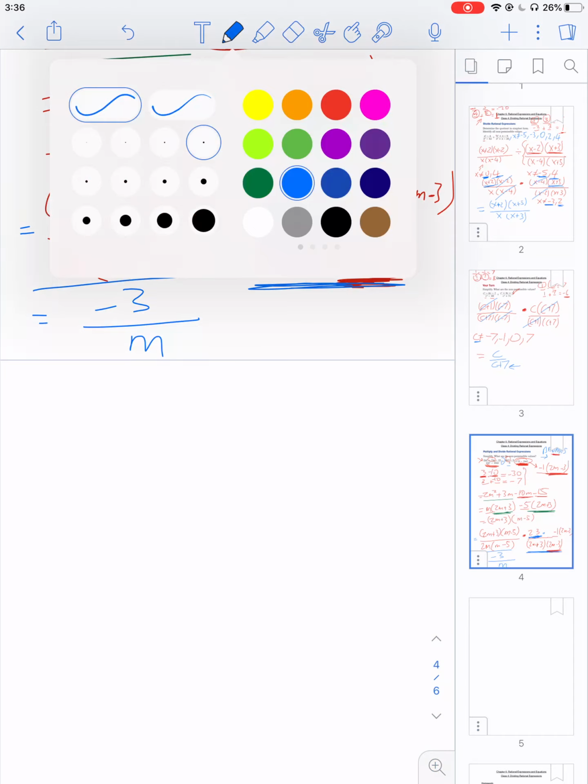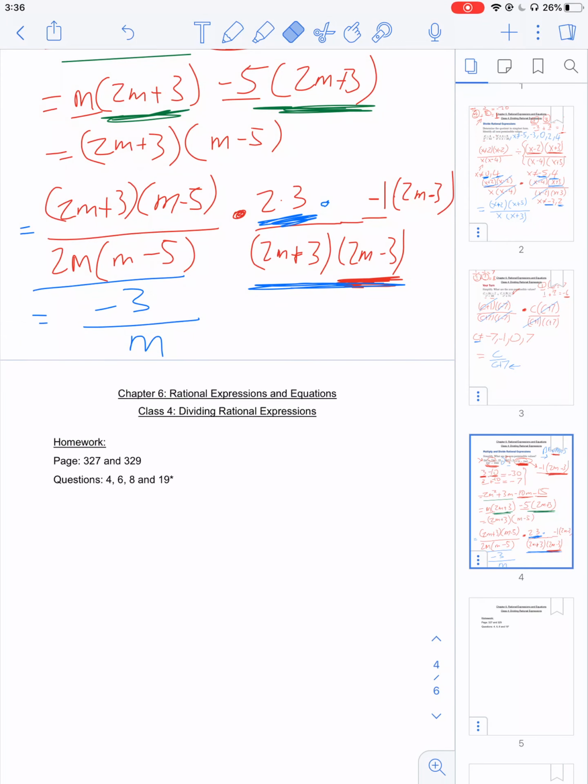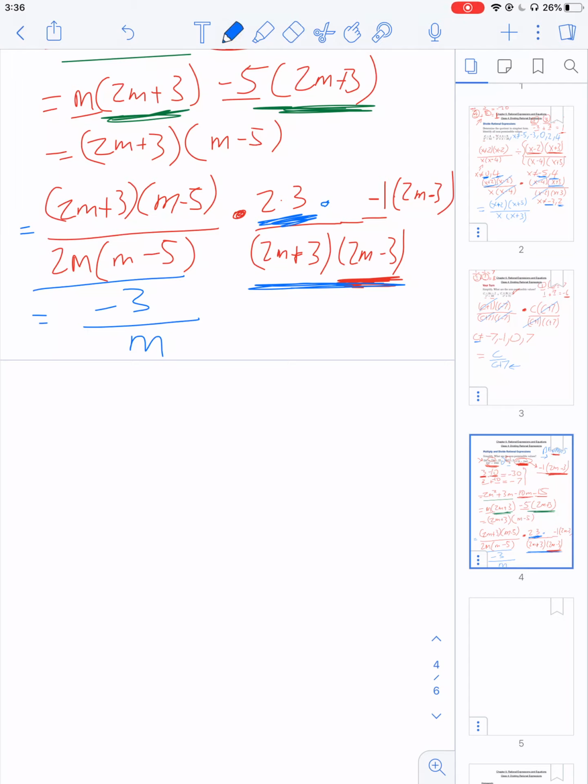Okay, so the restrictions are: m cannot equal 0, and over here m cannot equal 5. Let's just work this out and then we'll put everything together.